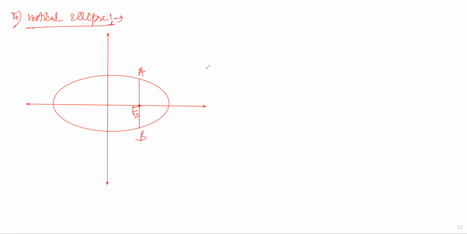You can call this line AB as latus rectum. And the length of AB would be 2b square by a.